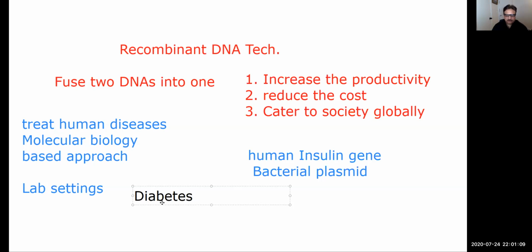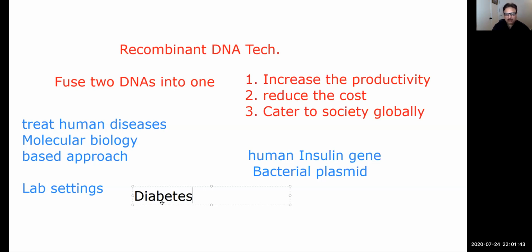It used to be a disease of elderly people, but now because of various reasons, diabetes is happening in young kids all over the world. The only way one form of diabetes could be treated is by insulin injection. And so insulin has to be available not only in the US, but in every corner of the world. So we have to produce not only for the US, but for global demand.